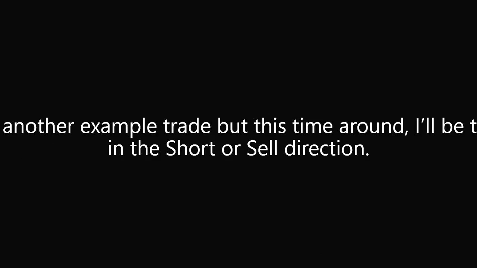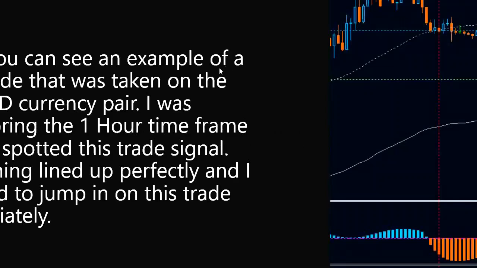Let's have a look at a sell trade example. But this time around, obviously, I'm looking at the sell trade. Now, here you can see an example of a buy, this should say sell trade, on the Euro USD currency pair. I was monitoring the 1 hour time frame when I spotted the trade signal, and everything lined up perfectly, and I decided to jump in on this trade immediately.